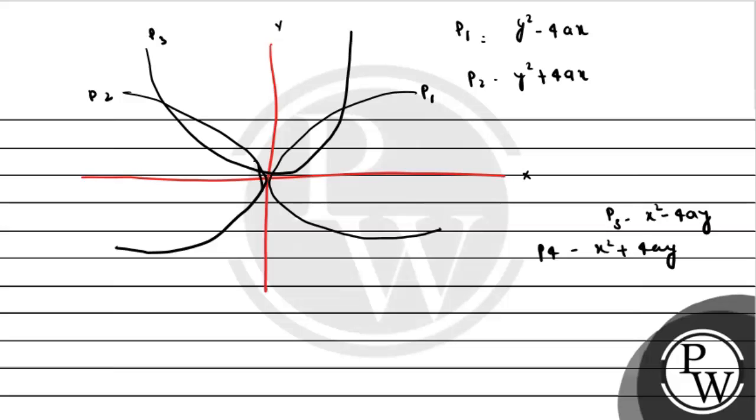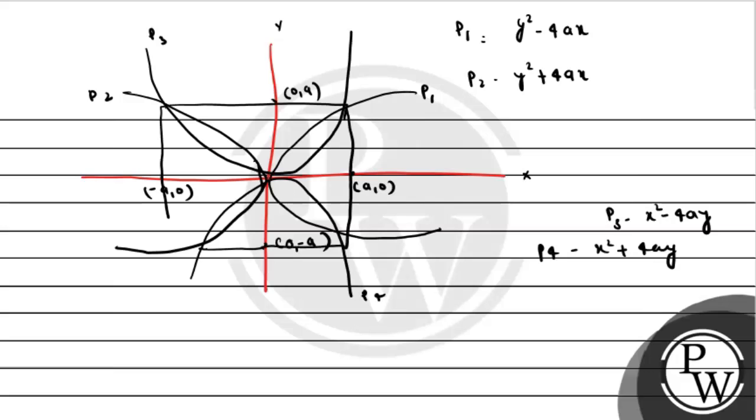So that will be our P4 parabola. Okay, P4. So let's say the focus of P1 is a comma 0. So the focus of P2 will be minus a comma 0. The focus of P3 will be 0 comma a, and the focus of P4 will be 0 comma minus a. So the latus rectum will pass through the focus.